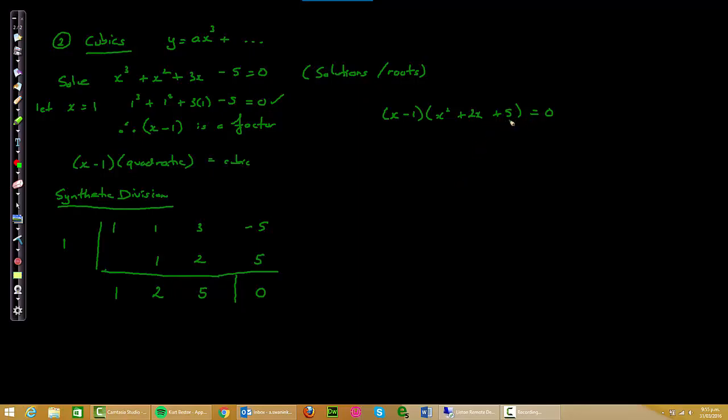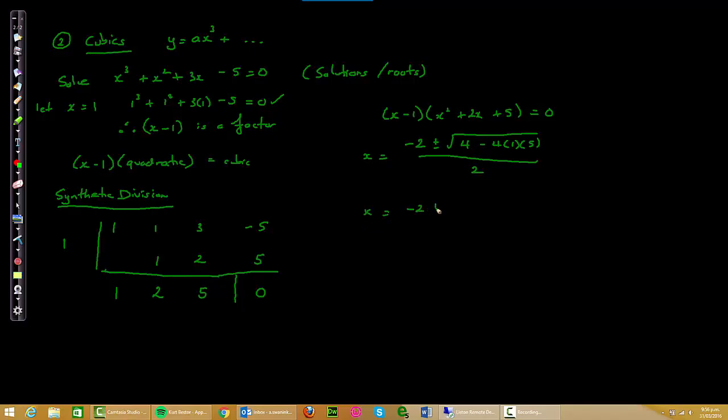Now with the work earlier this year, we simply factorized this part here. Now it's pretty obvious, I hope, that we cannot factorize this, not in the normal way. So what we're going to do is solve this part using the quadratic formula. So x will equal, using the quadratic formula, negative b plus or minus the square root of b squared, which would be 4, minus 4 times a times c, all over 2 times a, which is 2.